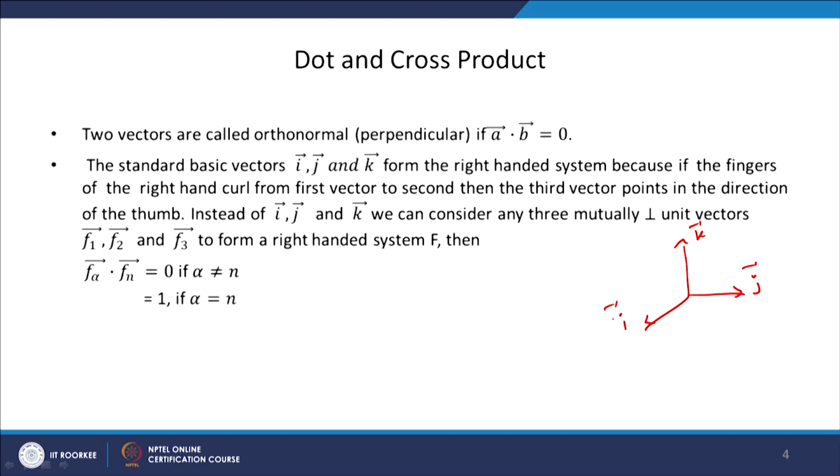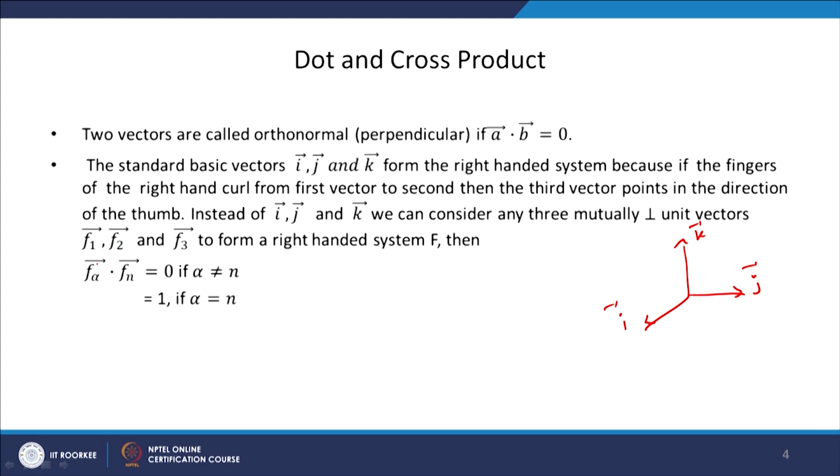So instead of the standard ijk vectors, we can consider any three unit vectors f1, f2, f3 which are mutually perpendicular to each other. So if they form a right hand system, then we call it a coordinate frame.